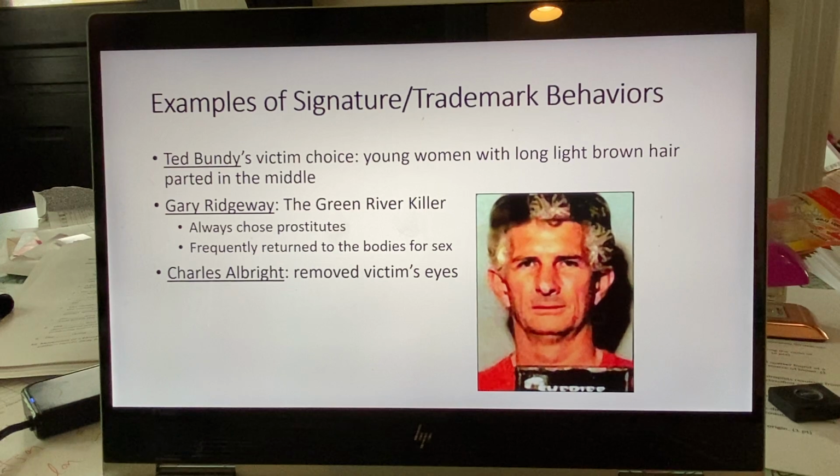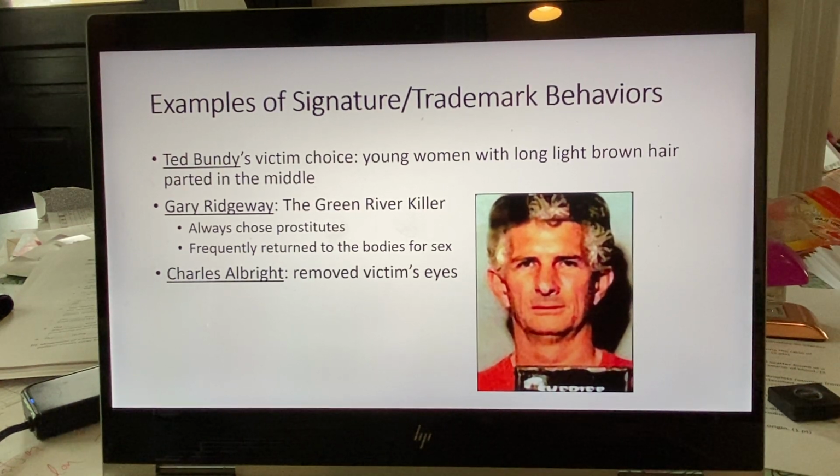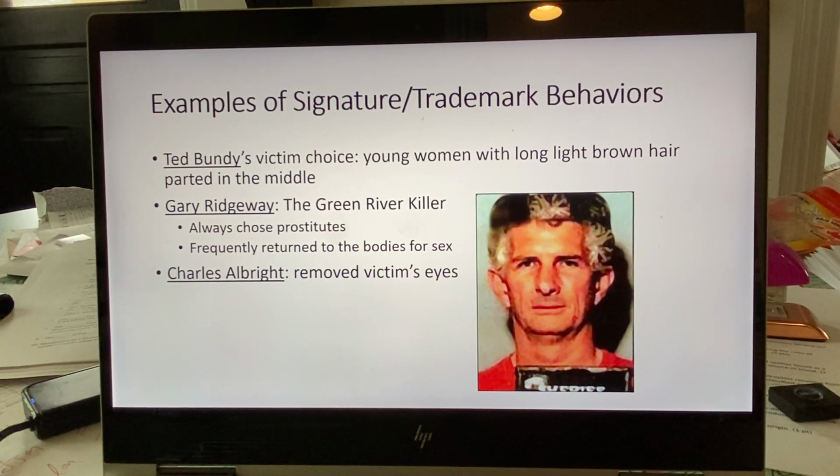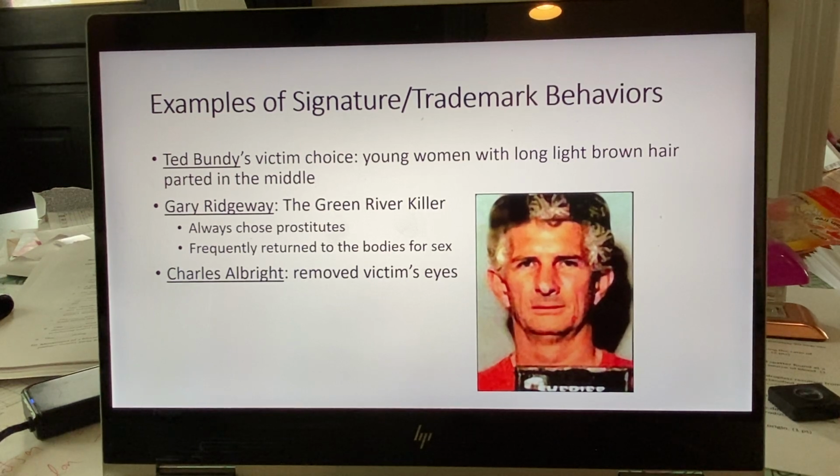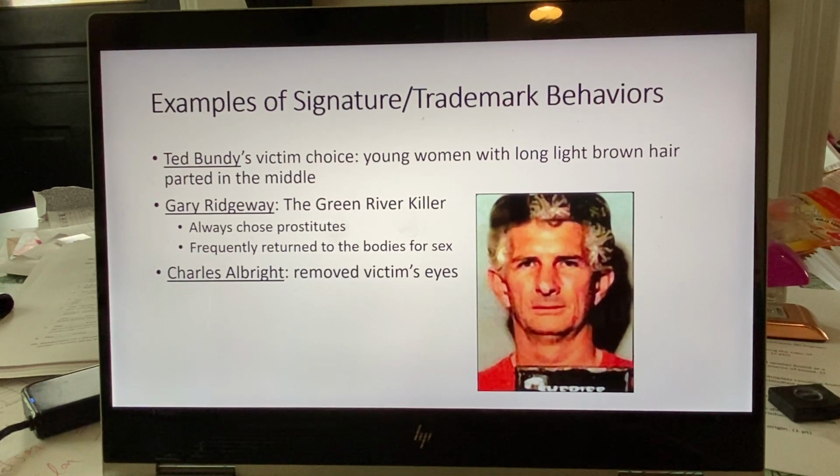Is that why you wanted to take them as trophies? Was it because you wanted to preserve the fact that you were the last person that this victim saw before you killed them? Was it some big thing like that? And his response was, I just thought they looked cool, and I put them in a jar. Okay, so sometimes these offenders do what they do just because they do it.